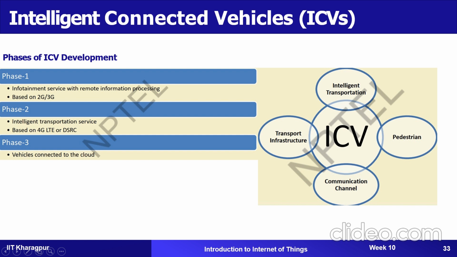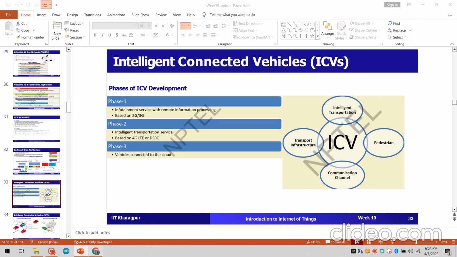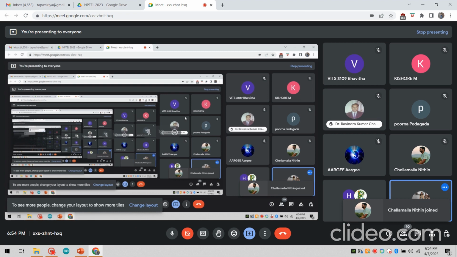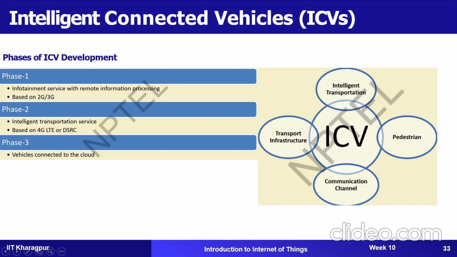So there are 3 phases in your ICV development. First phase is infotainment service with remote information processing. So it is based on your 2G and 3G.